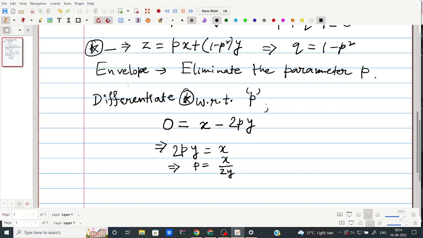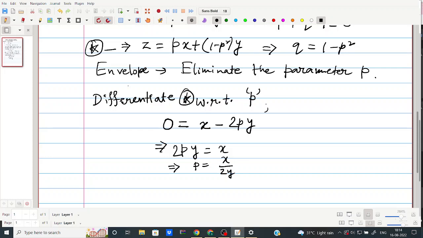So x by 2y into x plus 1 minus p squared into y. Just elementary calculation, that is x squared by 2y plus y minus x squared by 4y, which is equal to x squared plus 4y squared by 4y.